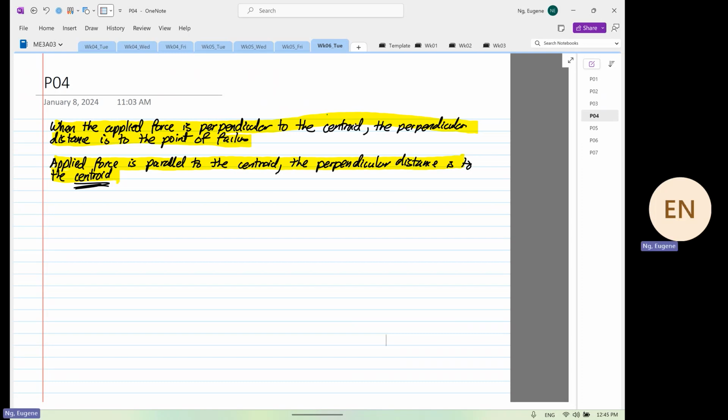If the applied force is parallel to the centroid, the perpendicular distance is to the centroid. It's just words. Only if we put into practice, then we can appreciate it, okay?